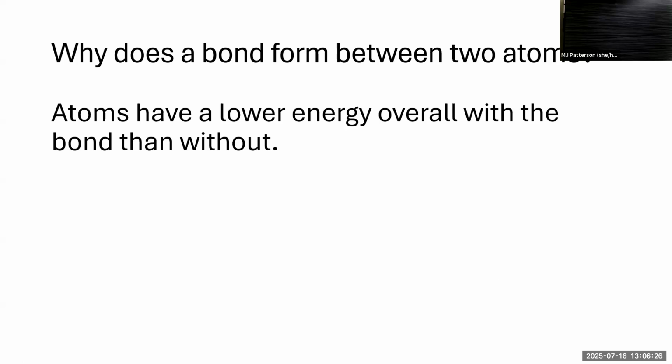It's this minimizing energy that is the thing. So we want to get to the lowest energy level possible. And if this collection of atoms can form bonds in such a way that the overall energy is lower with that bond than without it, the atoms are going to form those bonds.